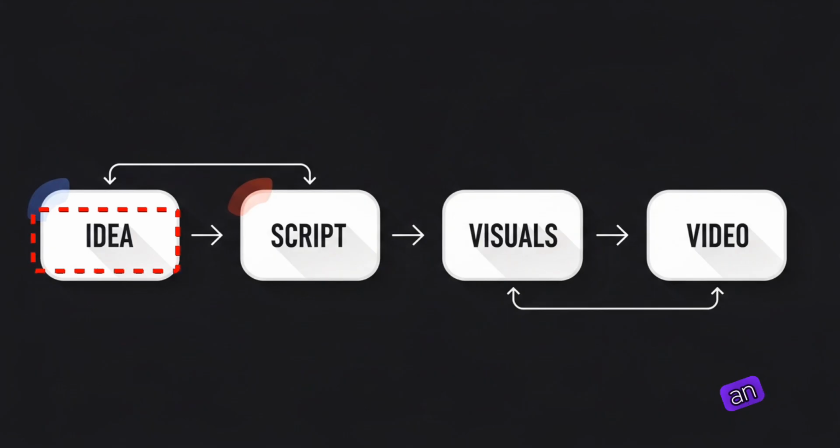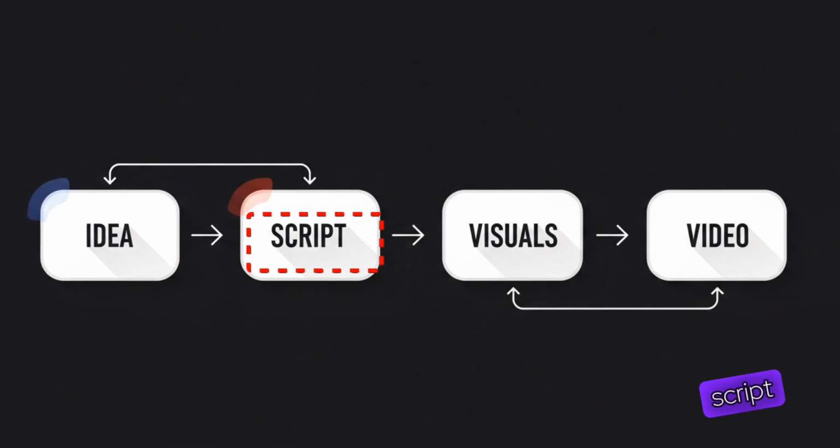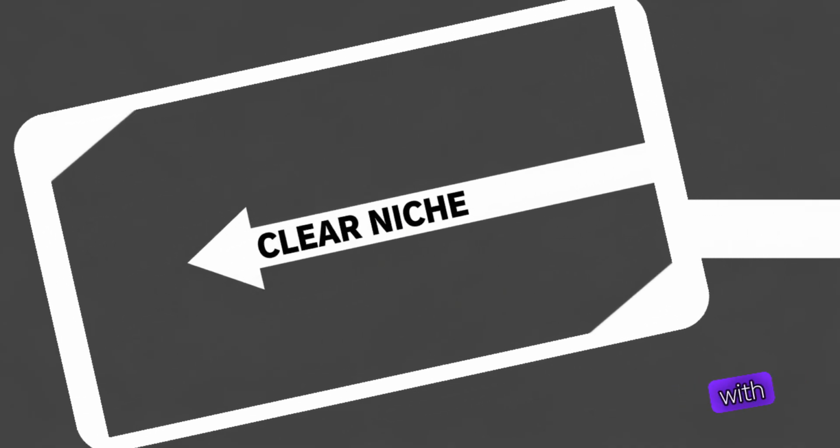Why? Because storytelling gives you a clear structure. You need an idea, you need a script, you need visuals, and then you put them together into a video. It is simple enough to start with, but strong enough to grow if you do it properly. So once you pick one clear direction, stay with it.